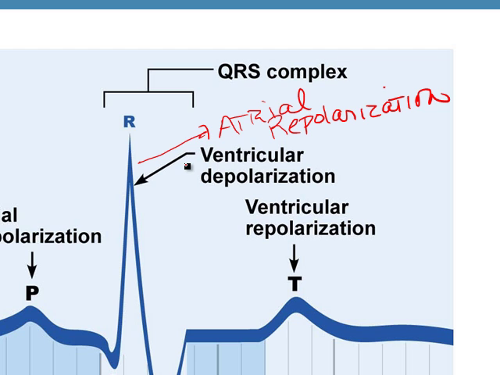Now when you look at a cardiogram, and there's some pictures of them over on page 681 in your textbook, we actually make it on this very specific graph paper. And when a cardiologist is reading a cardiogram, they have a little ruler with them to measure the intervals. What if it takes too long between atrial depolarization and ventricular depolarization? Could there be a problem moving blood through the heart? Yeah.